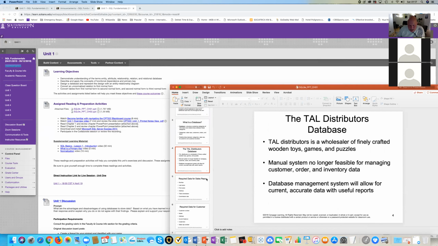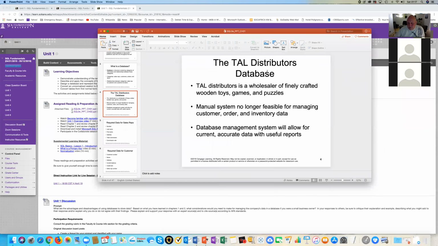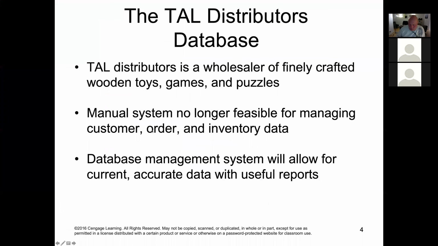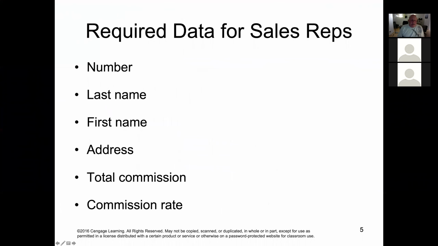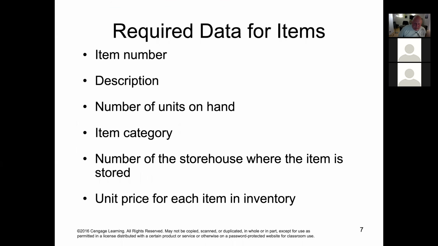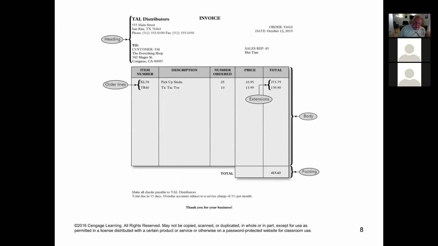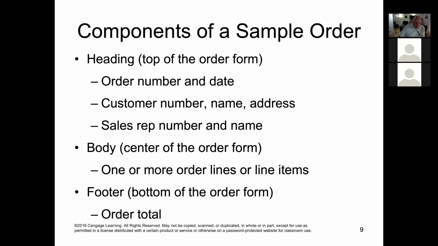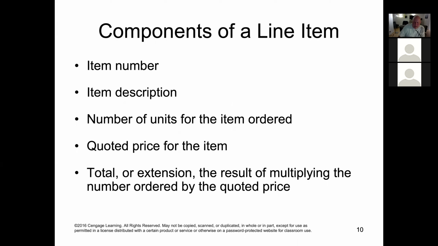Let's see here. Let me go back. Okay, these are just some required data items for the sales rep and for customer data. This is just about the TAL Distributors company. Some components of a sample order: the heading, the body, and the footer. I'm not going to read you guys these PowerPoints, that's kind of boring, but this describes the tables, the item numbers, and the components of a line item in TAL Distributors.